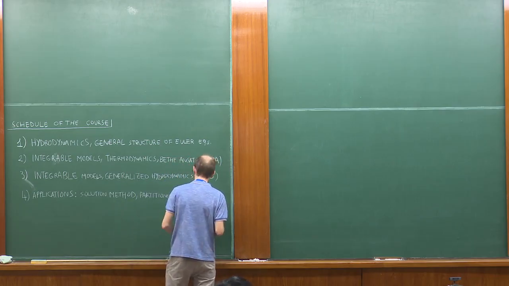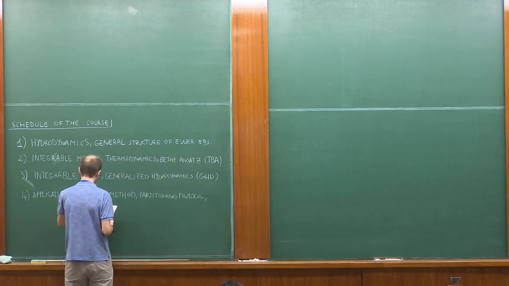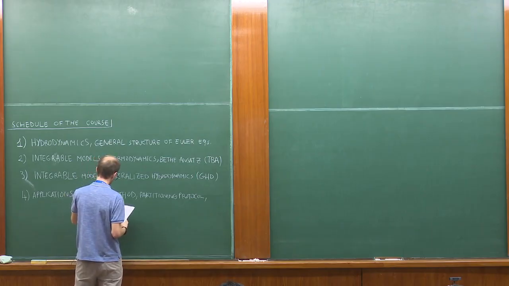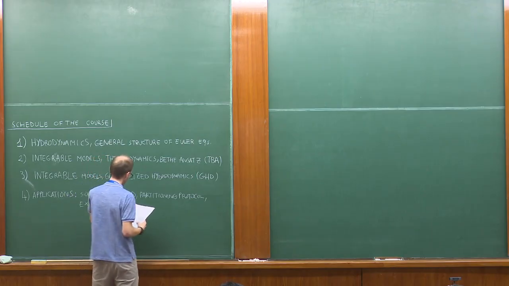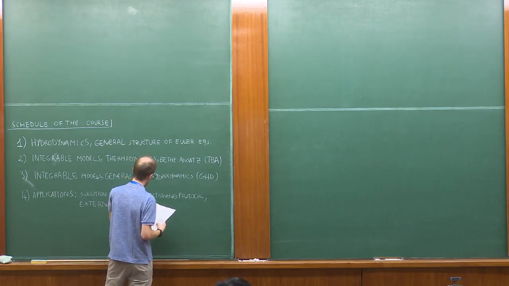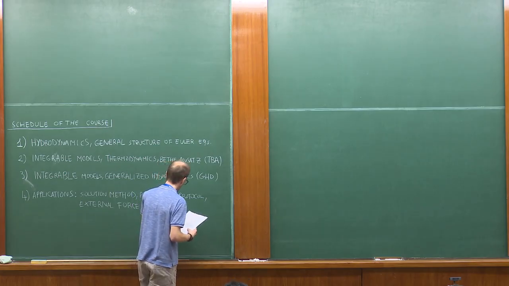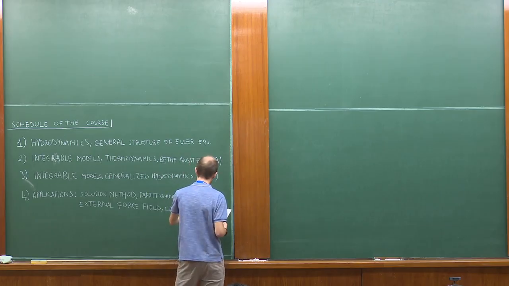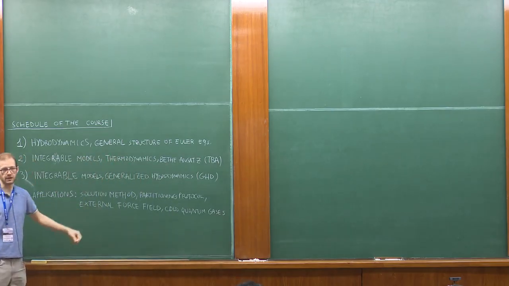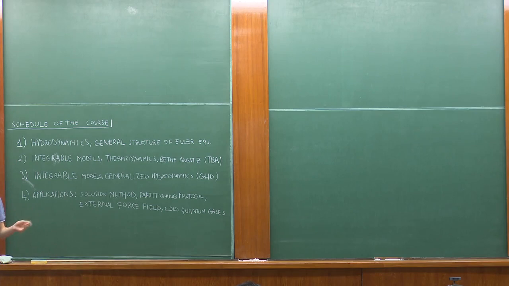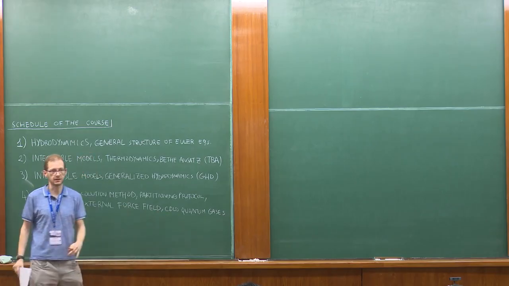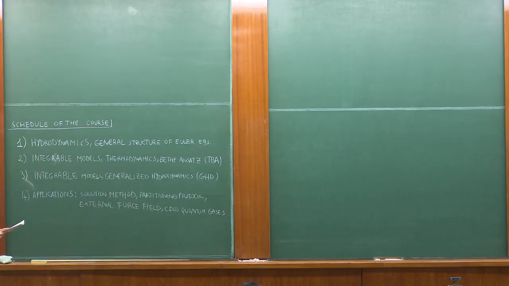And then external force field. Cold gases. So external force field is like hydrodynamics in the presence of an external potential, like before where we had this confining potential. And one example is the one of cold atomic gases that we saw on the slide. We will try to discuss that. Okay. And yes, I think this is the whole structure.